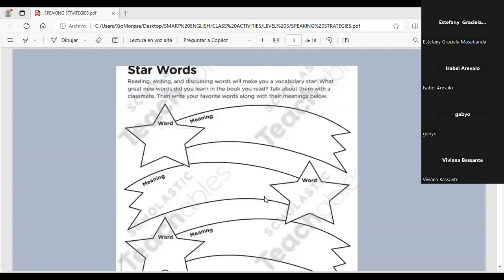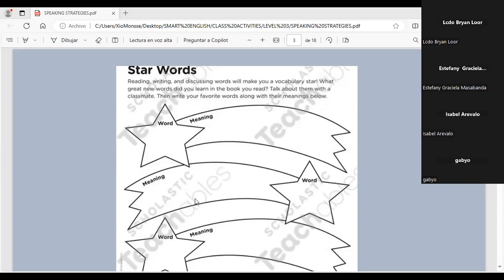I'm going to show you a kind of worksheet that you can use. For reading and writing, you can have them write the meaning of the vocabulary, then write their favorite words along with their meaning below.